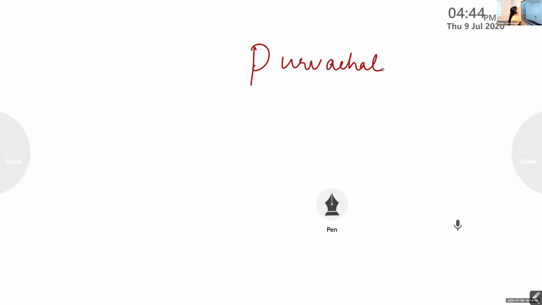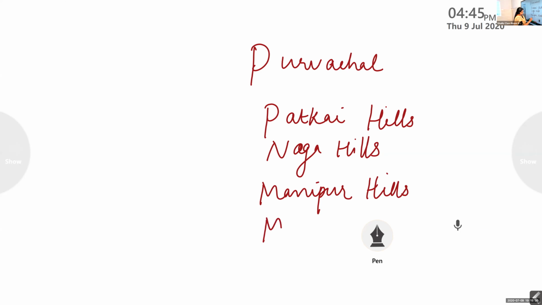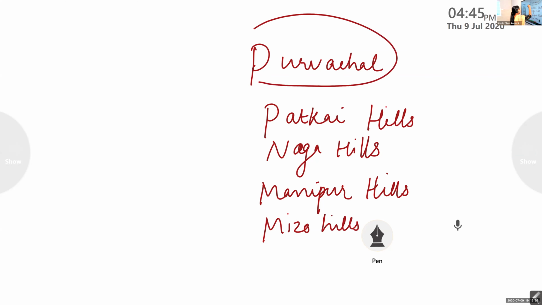Many other mountain ranges are found in this area, that is Patkai Hills, Naga Hills, then Manipur Hills and Mizo Hills. Clear?